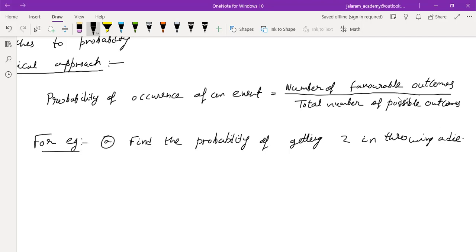Means the favorable outcome is getting 2. So number of favorable outcomes is only 1. Understood?